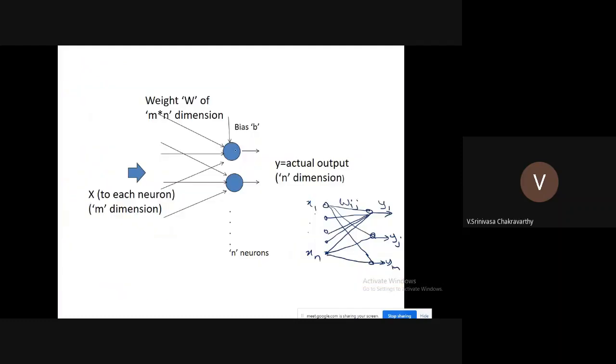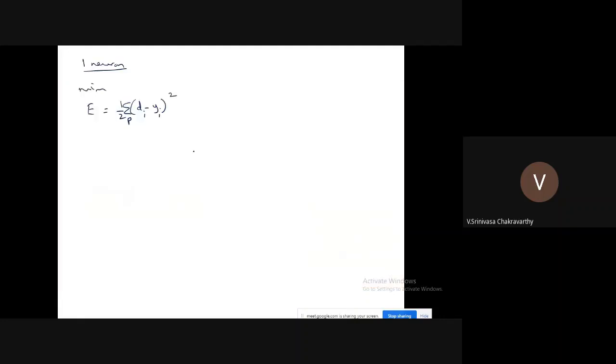Which means you are trying to minimize a cost function defined by the sum of di minus yi over all the patterns, where di and yi are the ith output. So I have to minimize this over all the patterns.